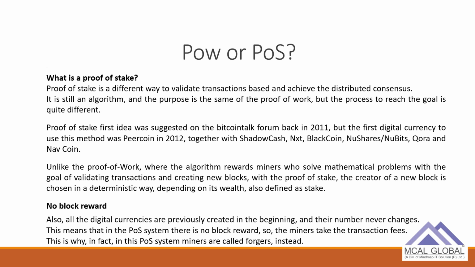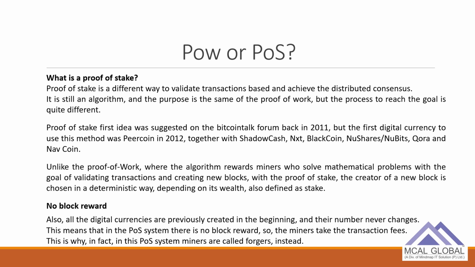So if I try to do something wrong on the network, if I try to do a fraud, my 100k will be forfeited and will be used to recover the fraud or losses that my fraudulent transactions would have made. So I would not do it, because I always know that there is a deposit that I have paid to the network to mine this transaction, right? So that is proof of stake.